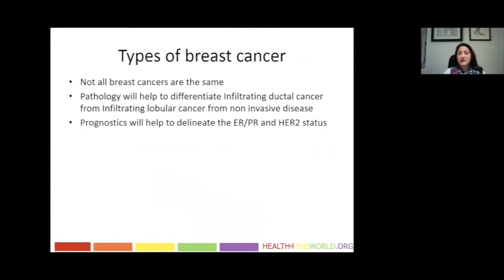Not all breast cancer is the same. The biopsy will be able to distinguish cancer from non-cancer. However, it is the additional testing, the prognostic testing, which differentiates the actual type of breast cancer and helps to guide treatment decision-making.